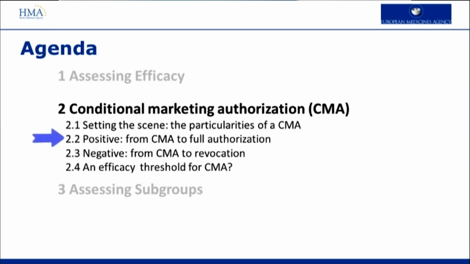We will look at positive examples where the conditional marketing authorization in the end resulted in a full marketing authorization, and negative examples where in the end the marketing authorization had to be terminated. And we will try to give some orientation for future decisions based on consistency with past decisions.